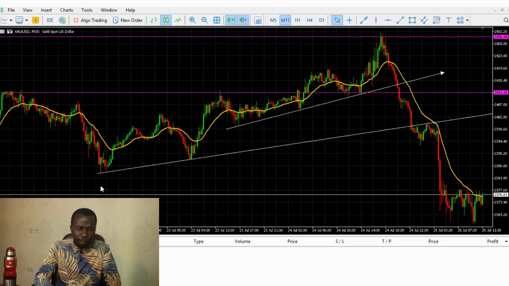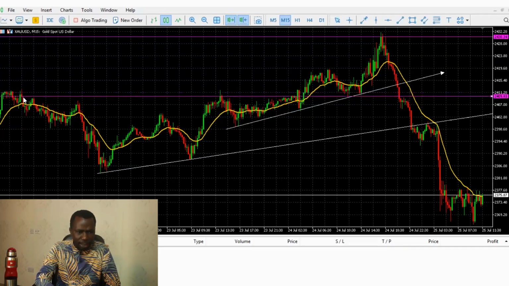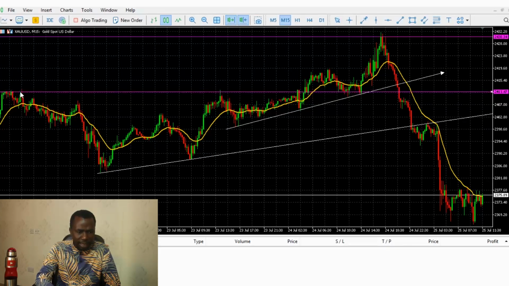So from here, you see that the market previously was going down. When the market got to this point, it retraced up and then began to go up. Now, for the fact that this is the highest point the market got to, I had to draw a level there. I drew my horizontal level there because I believe this is the level the market can reverse from.